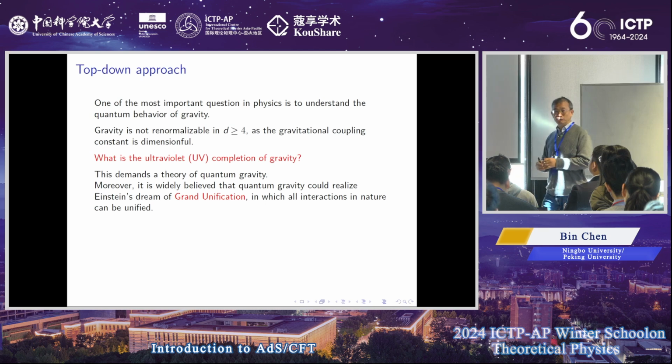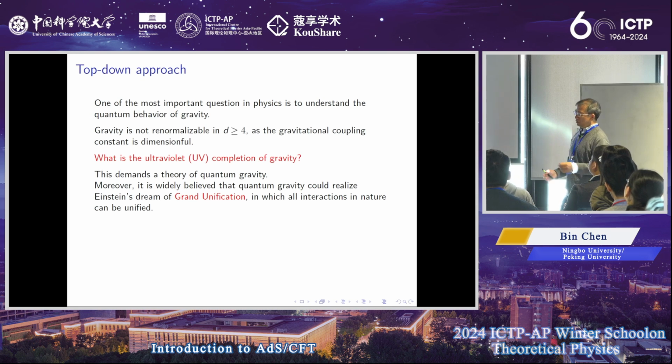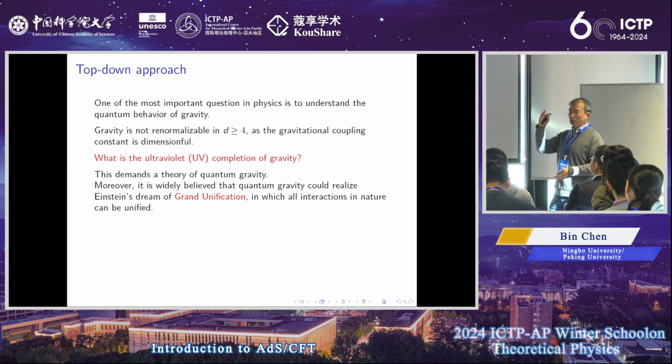That means we start from a quantum gravity theory, from string theory, we start with some brane system, and we take some decoupling limit, and then you will see we often get AdS spacetime, and then you get this AdS/CFT correspondence. Another approach is the so-called bottom-up approach. I will explain it shortly.